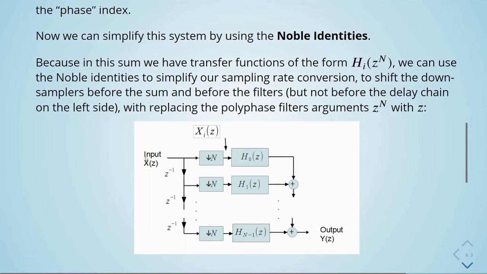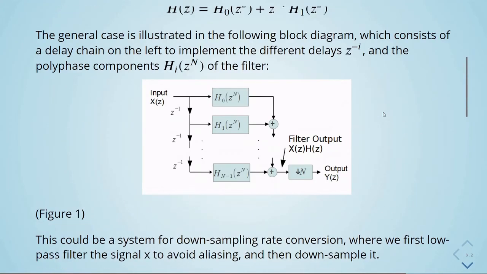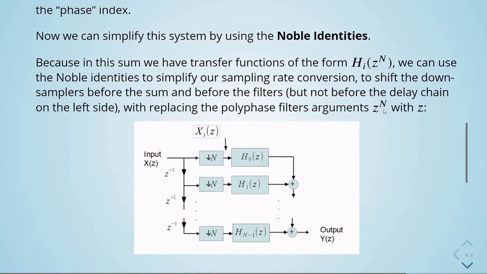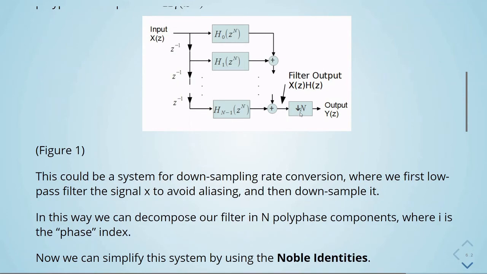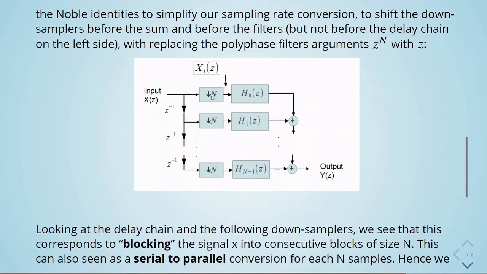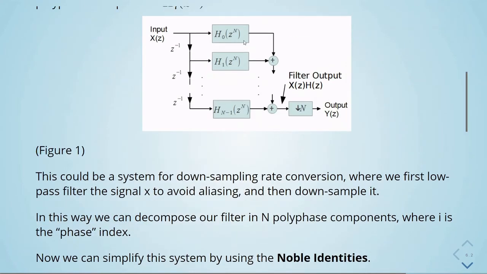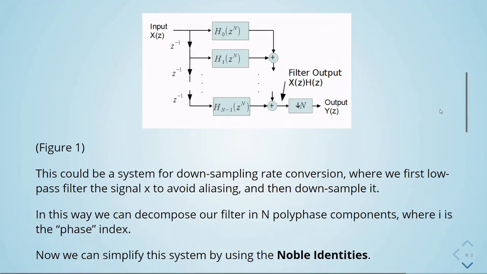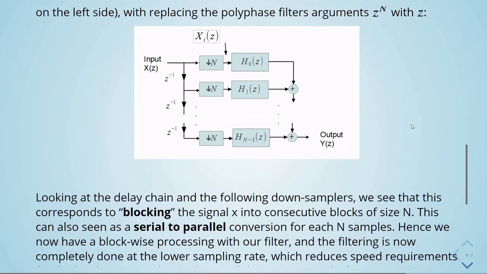So now we have our input x of z, then here our delays, here the downsampling, here our filters, and then our output. So we are moving the downsampler. Here we have our polyphase components, and we have our output.